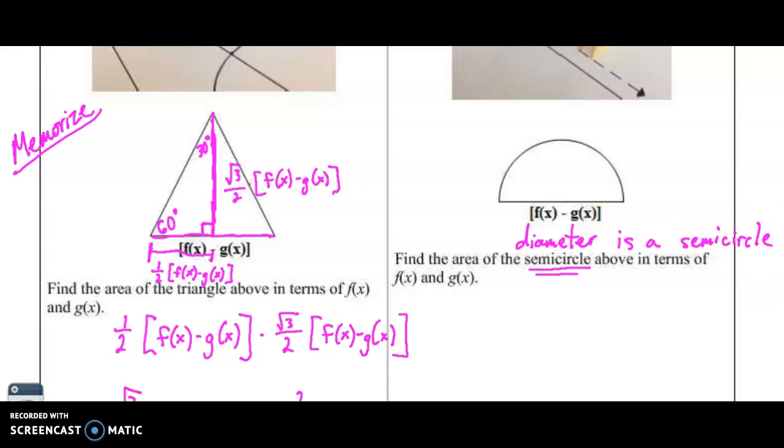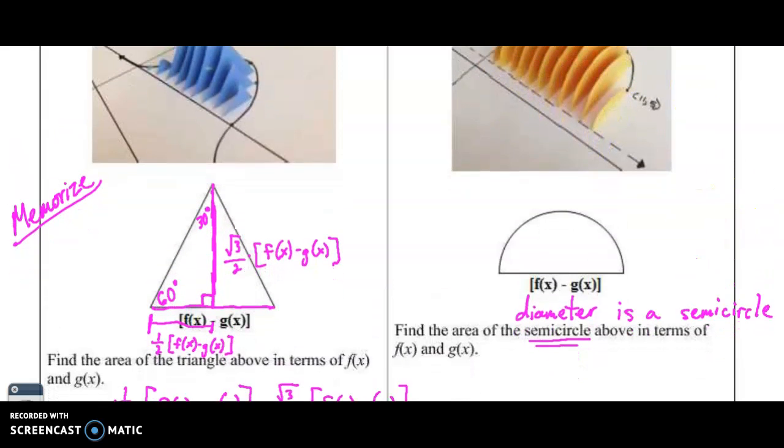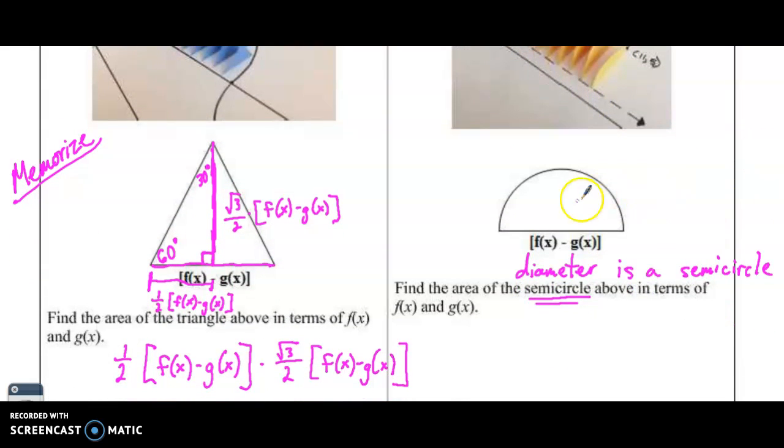So it's a great visual that he has, and I really like the visual. Think about, okay, what's the area of a circle? Area of a circle is pi r squared, and the only thing is it's a semicircle, so it's 1/2 pi r squared.